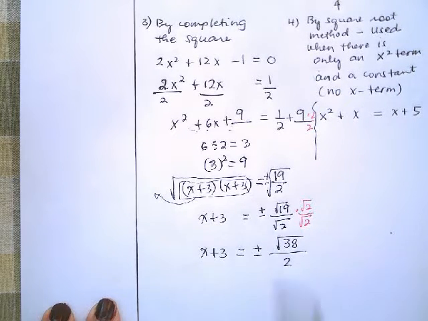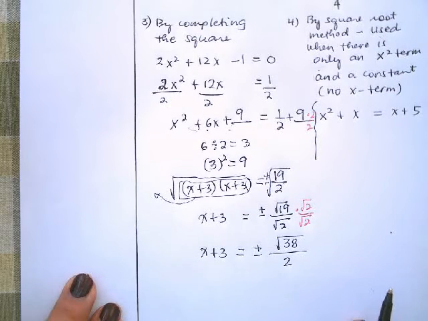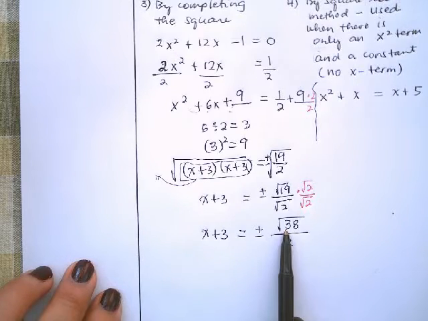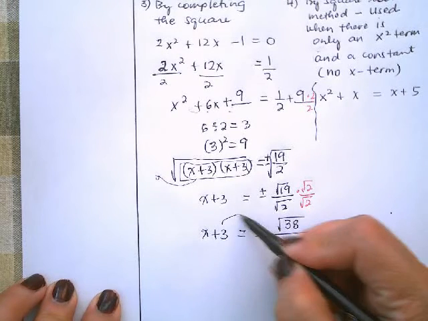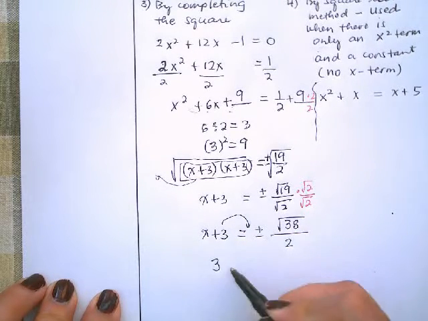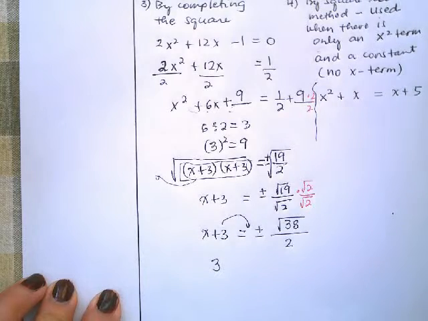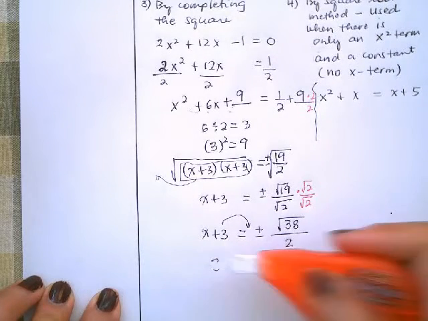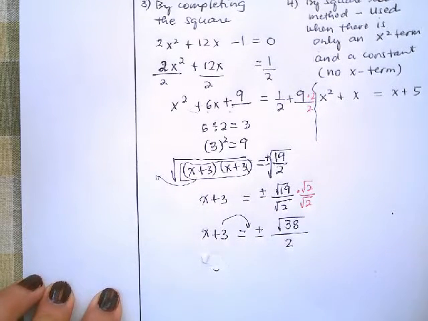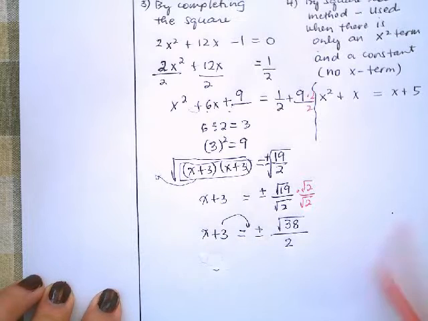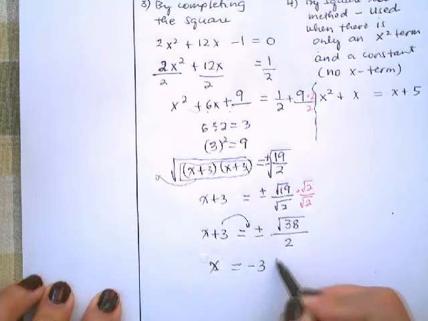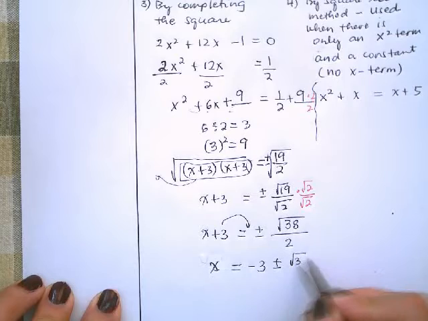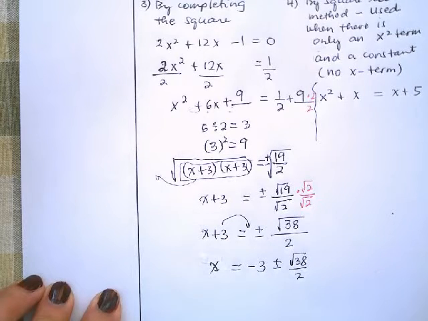No more square root there. Now 38 cannot be simplified because it's 19 times 2. There is no pair. So the last step is just to move this to the other side and change the sign. So that will become x is equal to -3 plus and minus square root of 38 over 2.